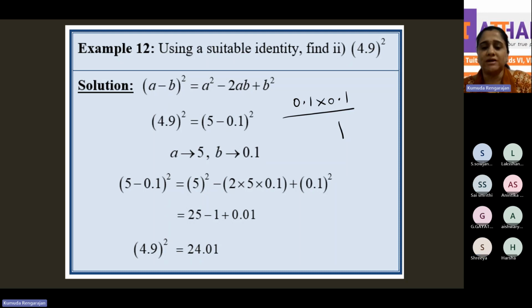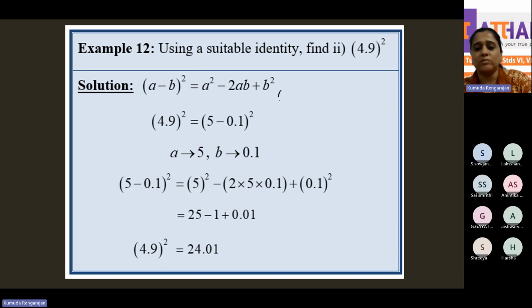In the product, after the decimal point there should be 2 digits because 1 plus 1 is 2 digits, not this number 1. After the decimal point, 1 digit here, and here also 1 digit. So in the product, 2 digits after the decimal point, but we have only 1, so 0.01.